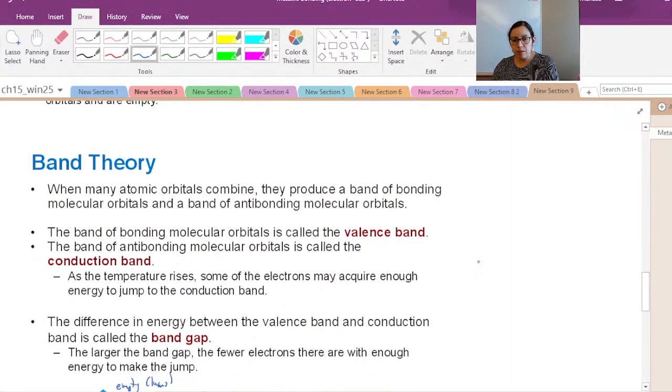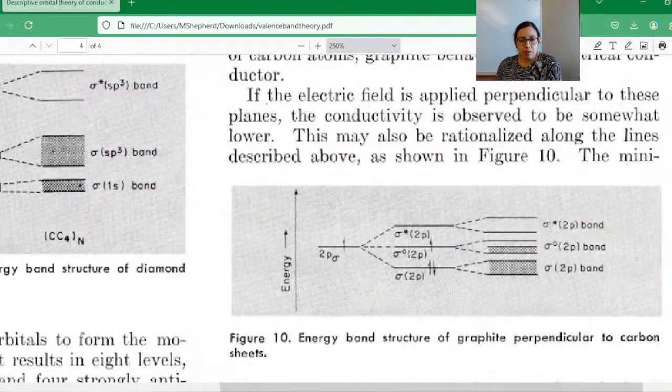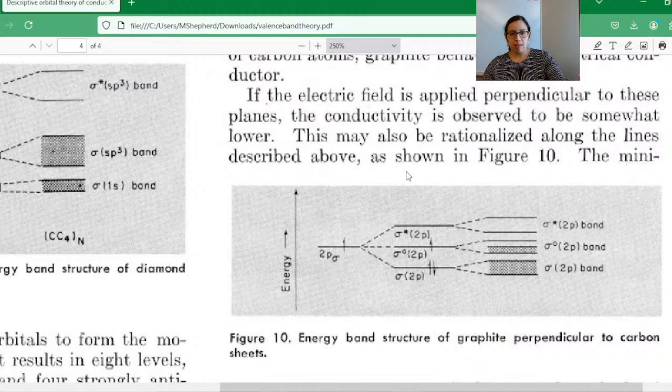Imagine we got a carbon here, and a carbon there, and a carbon there. And obviously I don't have my shading correct, right? So now you can see where you get non-bonding and anti-bonding. And that's what's shown in this little thing here. So it's trying to say that it's not conductive for the perpendicular.